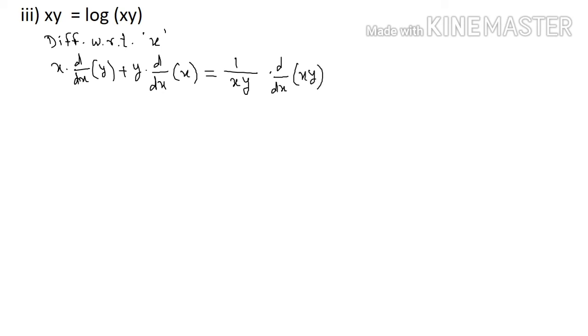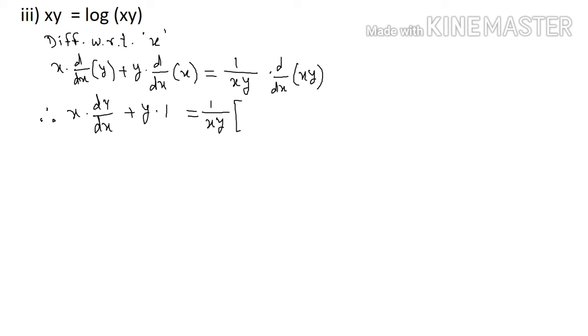So we write d dx of xy. So you get x into dy by dx plus y into 1 is equal to 1 upon xy into. Now see, again this xy is the product of two terms.